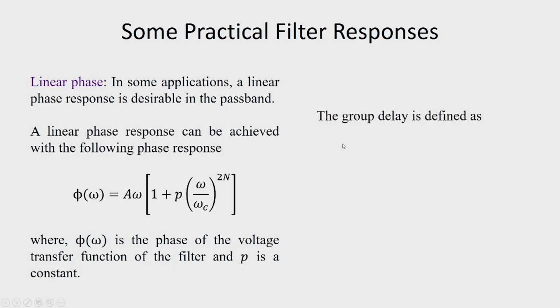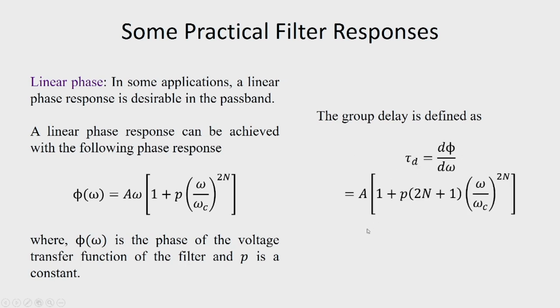We define one parameter which is group delay, tau d is equal to d phi by d omega, and if we find out d phi by d omega from this expression, then tau d becomes a into 1 plus p 2 n plus 1 omega by omega c raised to the power 2 n.